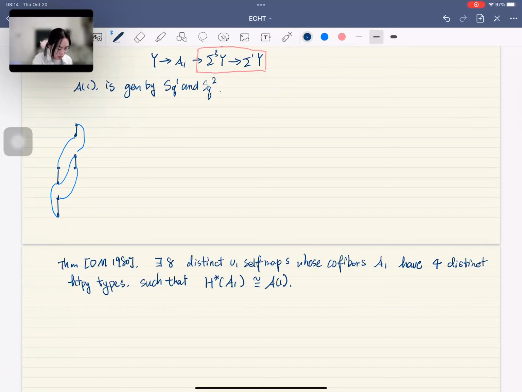And let me just talk about the 4 A module structures on A of 1.